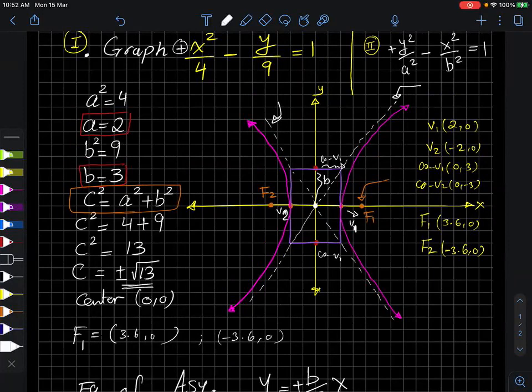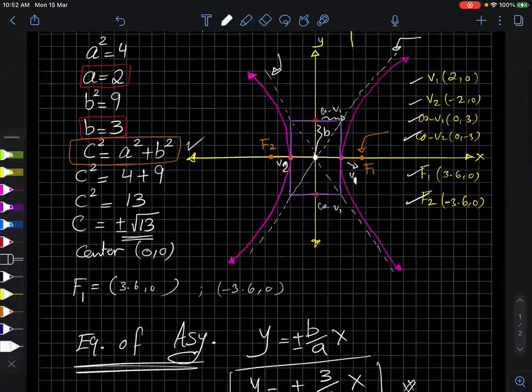You will notice that the foci, f1 and f2, are not inside your graph, like the ellipse, but you'll find that f1 and f2 are farther than v1 and v2. That's why my equation is a squared plus b squared, okay? And then list all the information we need: v1, v2, co-vertex 1 and co-vertex 2, and f1 and f2.